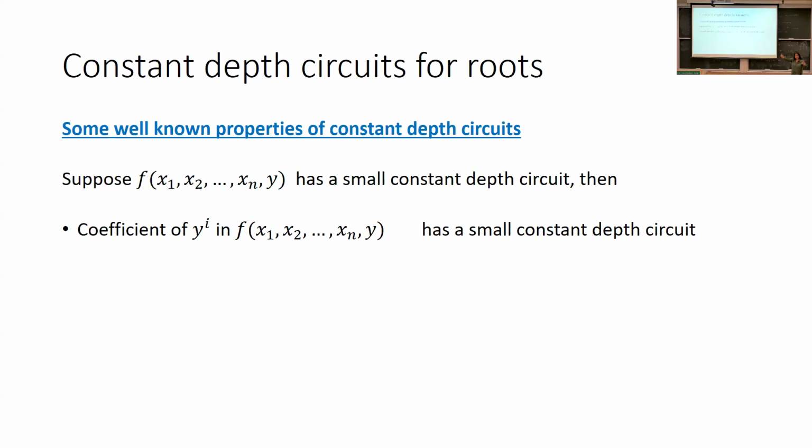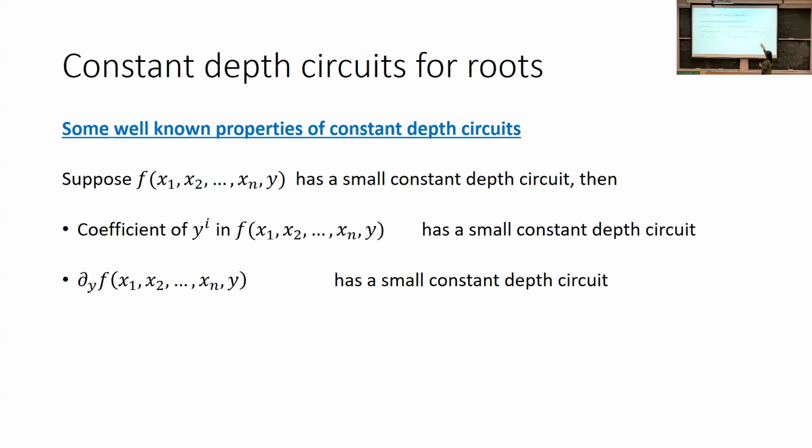So if your polynomial has a small circuit, you can view it as a polynomial in y, and the coefficients of each y to the I are small circuits. Once you have this, one can prove that if a polynomial has a small constant depth circuit, then derivatives of the polynomial have small constant depth circuits.